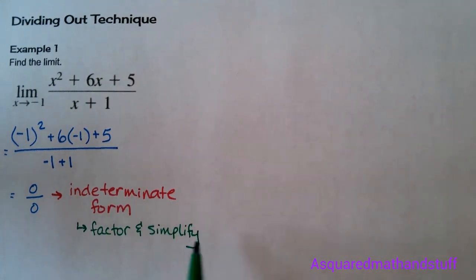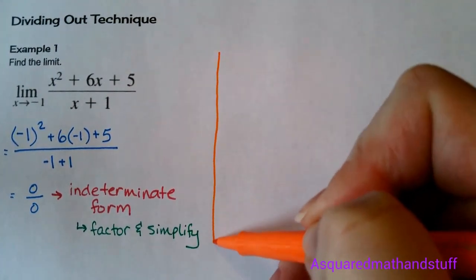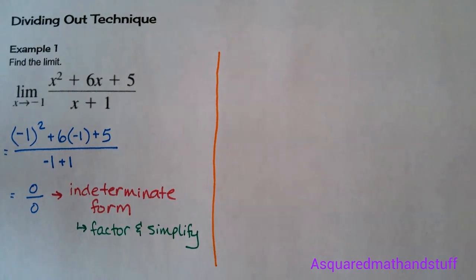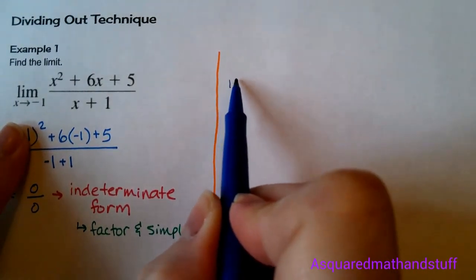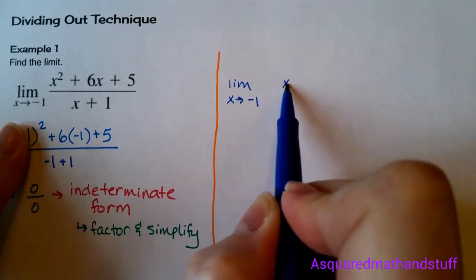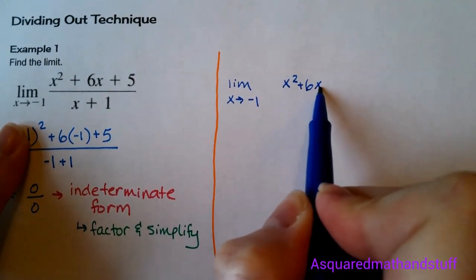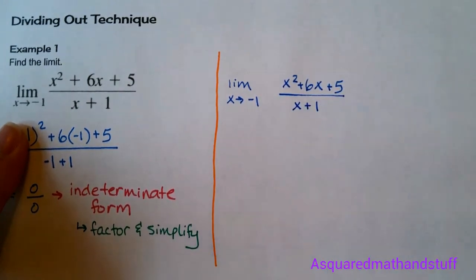So I'm going to go ahead and redo everything over on the right-hand side here. So let me just draw a line down, and I will rewrite the original equation that we are given. So I will rewrite limit as x approaches -1 of x squared plus 6x plus 5 all over x plus 1.